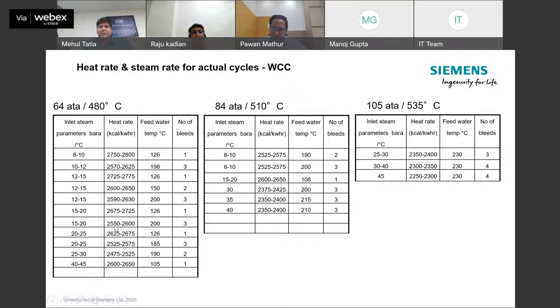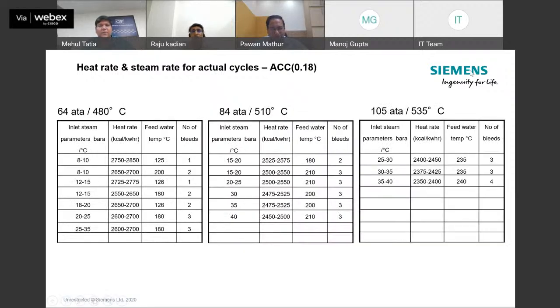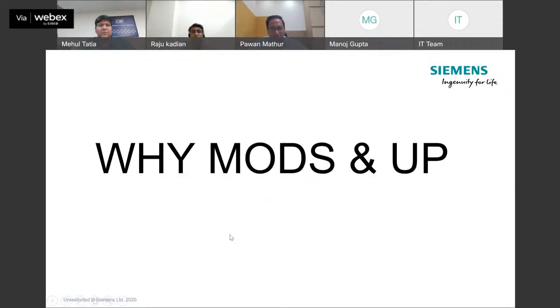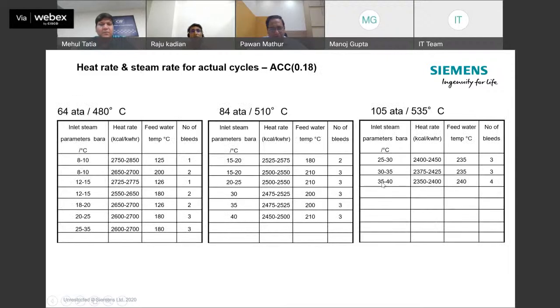A heat rate of 2550 to 2600 is possible. We have supplied these machines and proved them at site. And it keeps reducing if we increase the inlet steam parameters. And this is with the water-cooled condenser. If we come to the ACC, then these values become slightly higher. Okay.